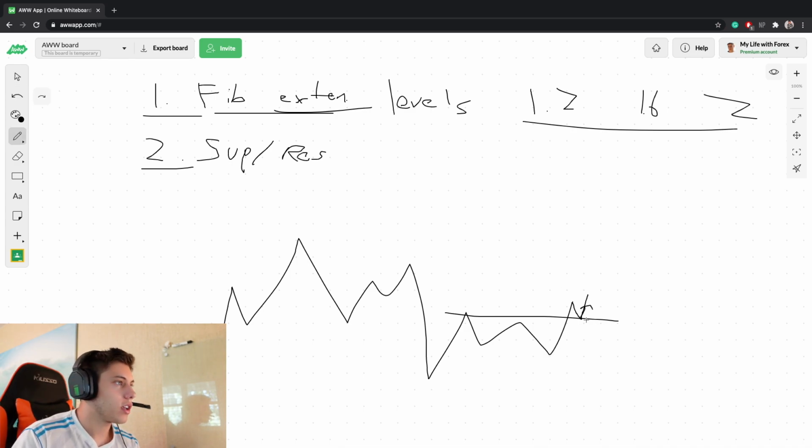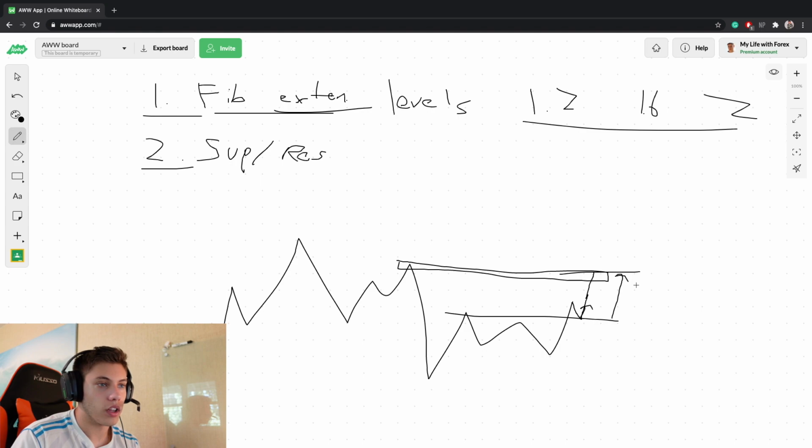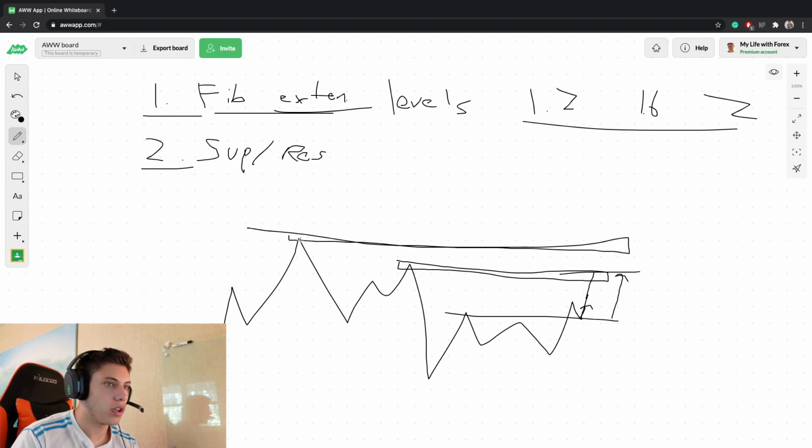But the second way here, you can use support and resistance. So this would be the next level that you would target, right? This would be the next resistance. So you'd expect price to move and try to hit that resistance. And this is where you would take either partial profits or get out of the trade. And then this level up here would be the next level you would target.